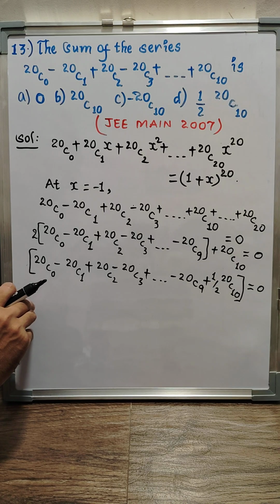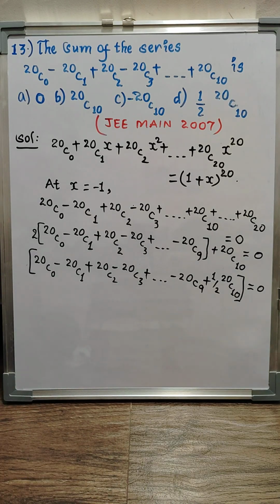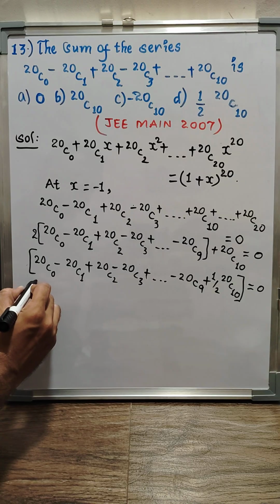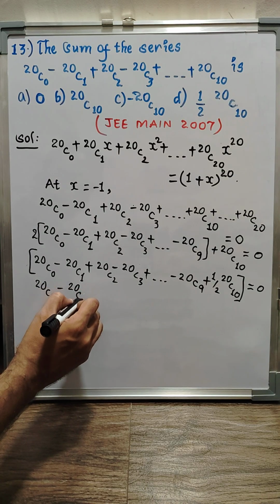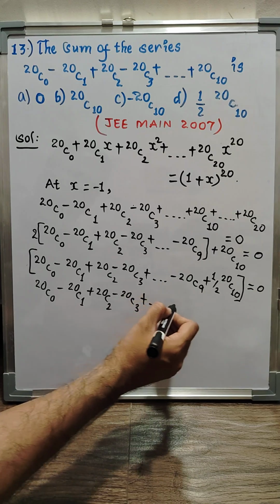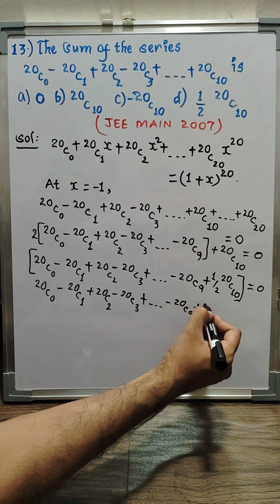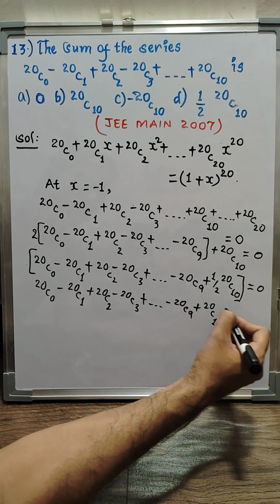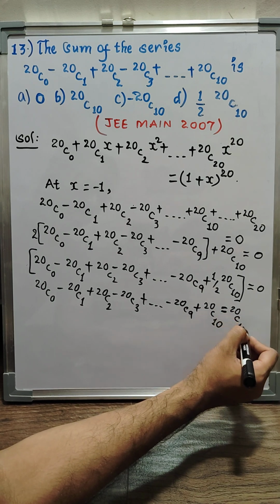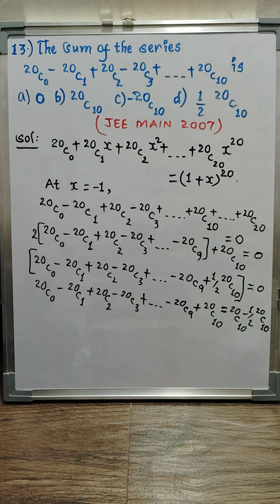And when you send this half of 20C10 to the other side, it becomes 20C0 minus 20C1 plus 20C2 minus 20C3 and so on minus 20C9 plus 20C10, and 20C10 minus half of 20C10 I will write here, minus half of 20C10.